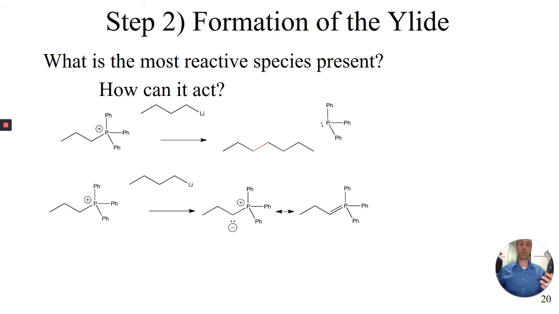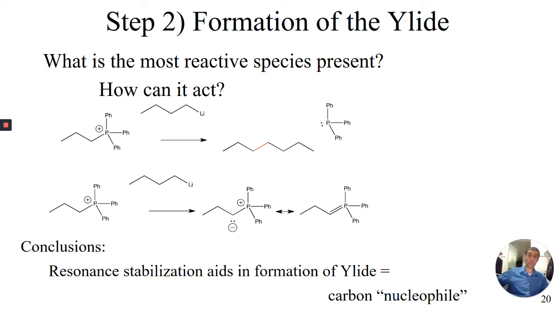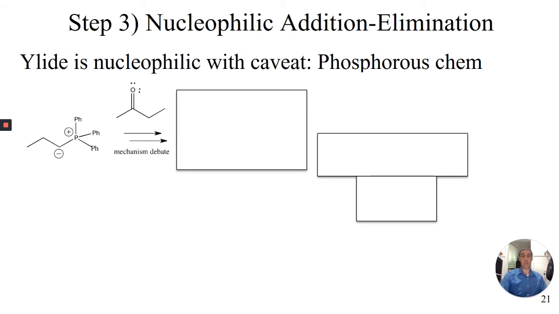It helps us to explain and predict a lot of these things that we can see. Okay? So, we now have a carbon nucleophile. That resonance stabilization aids in the formation of the ylide. It doesn't formally show it as the double bond, we should be better showing it as the carbon nucleophile with the charges.